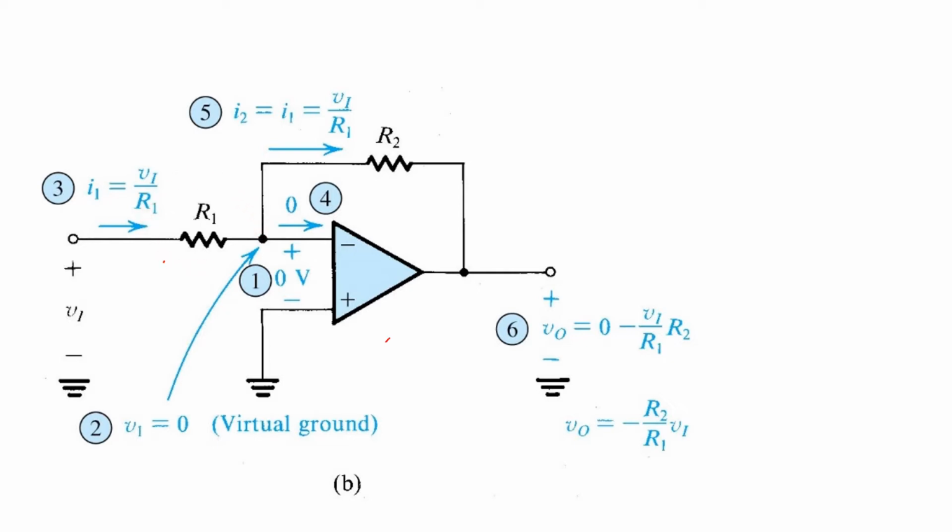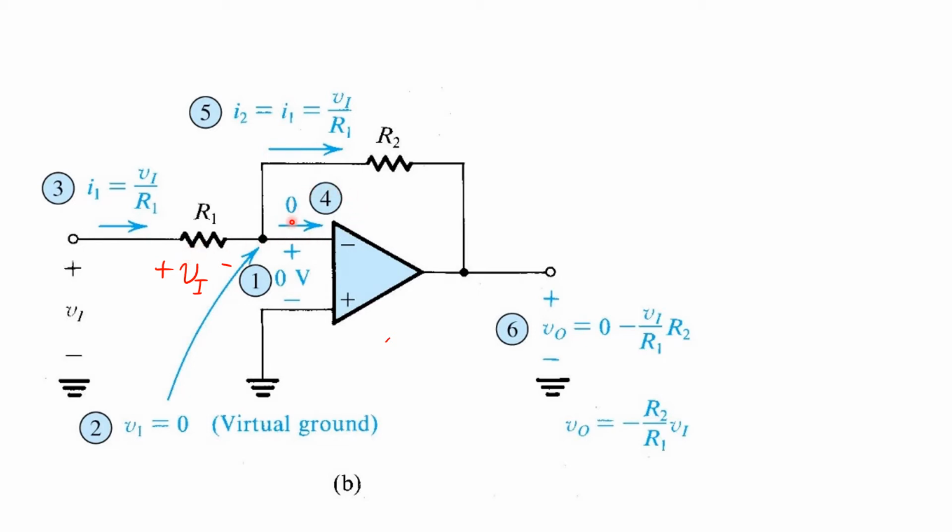It's simply VI, since the voltage VI is applied at the input to the inverting configuration on the left. The resulting current is easily computed from Ohm's law. That's step 3. The current I1 is just the voltage across this resistor, VI, divided by its resistance, R1.